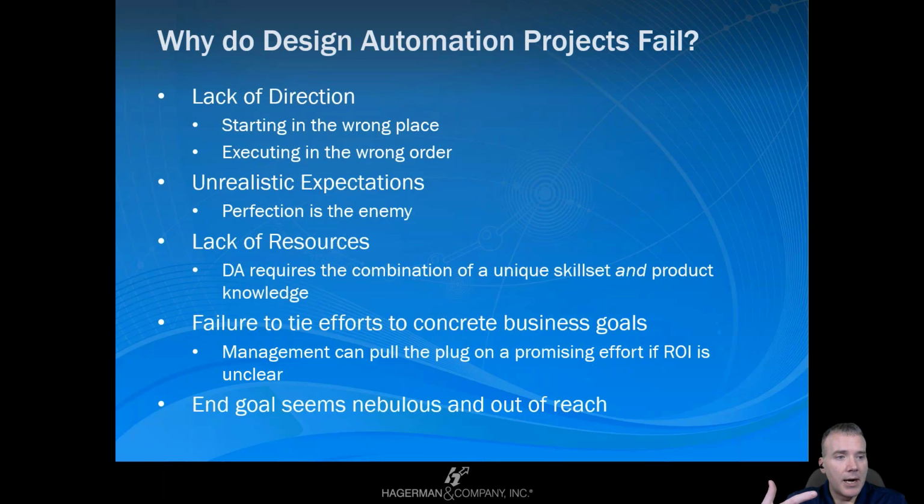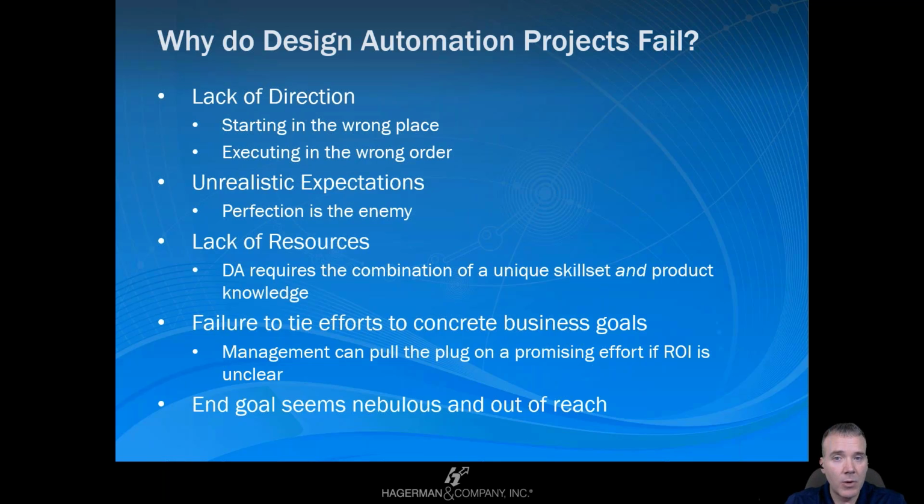The biggest one in my mind is really lack of resources. A close second, I think, is lack of direction. Starting in the wrong place and executing in the wrong order. You may say, well, our engineers spend 80% of their time on making drawings for the shop. So let's automate our shop drawings.